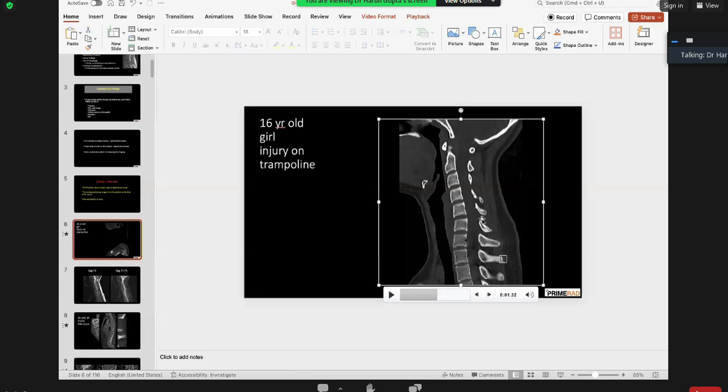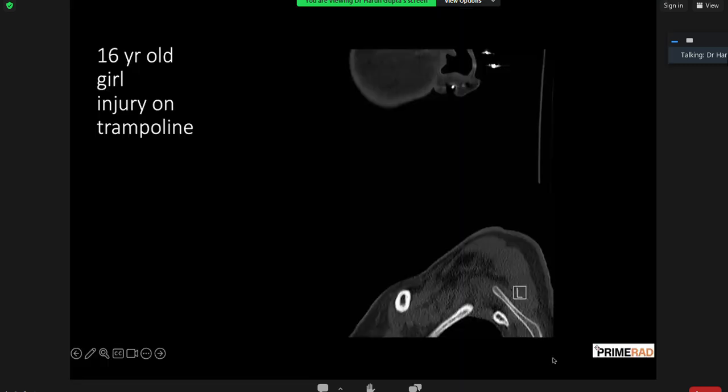So very, very gentle change. She's only 16 years old. Imagine she had a significant injury to present to the emergency department and have a scan done. So she was recalled because of these subtle findings, for MR examination.